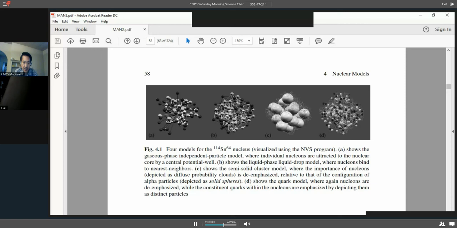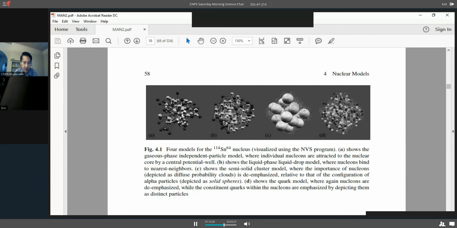Okay. So getting back to the book, he's visualized what some of these various models would look like. So on figure A, that would be the shell model, where basically all the particles are attracted to or associated with a central core. So everything is pointing to the middle there. And pretty much each of the individual particles are ignoring each other because everything is attracted to the middle.